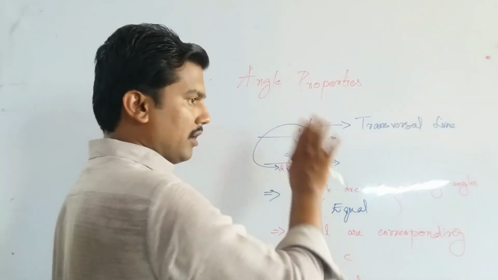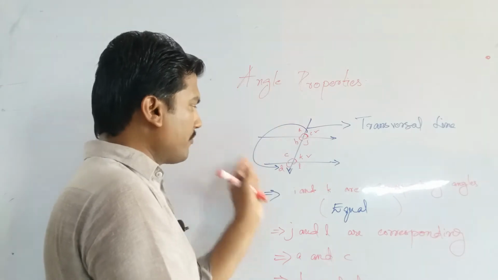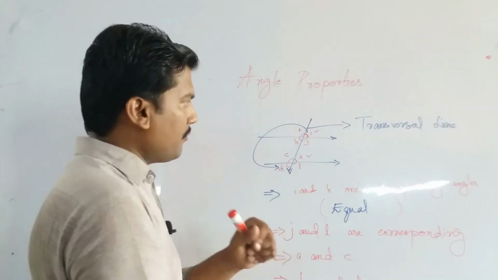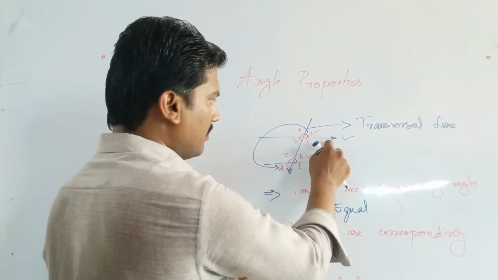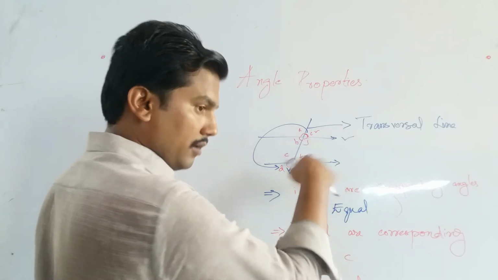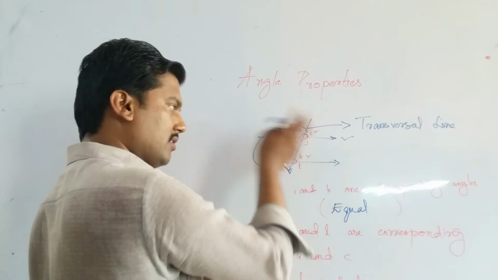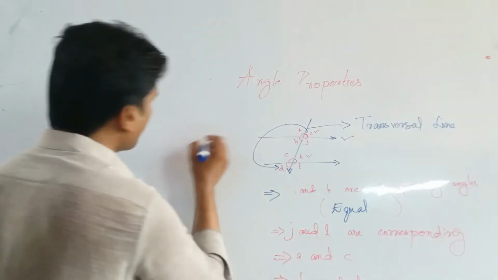One angle will be on the right of the transversal line and the other angle will be on the left, and one will be above this line, and the other will be below this line and on the opposite side. Okay, so I and D.